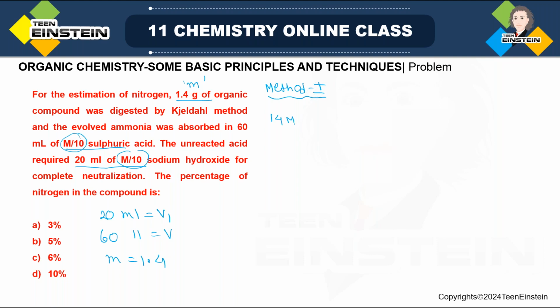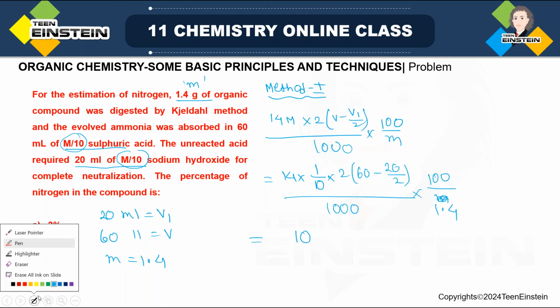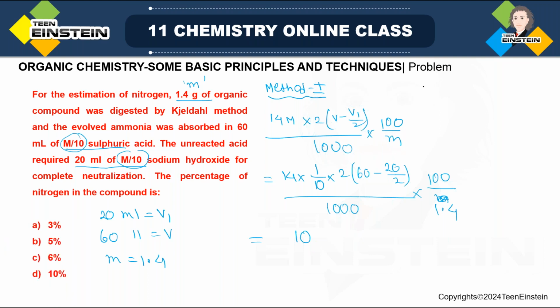So using the formula that we have just calculated, if you put it in, 1.4, molarity is 1 by 10, 60 minus 20, divided by 2, sorry, it is 1000, 1.4. So if you do this calculation, you will ultimately find the answer as 10%, that is option D.